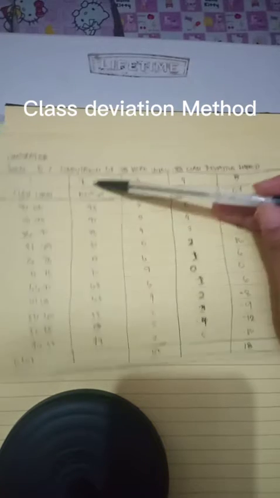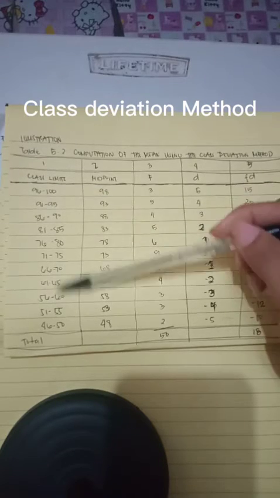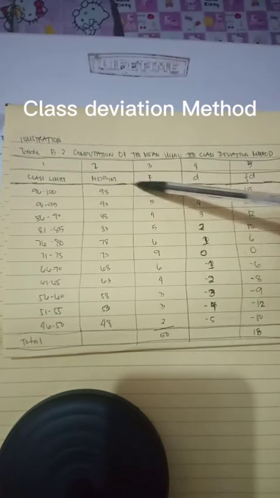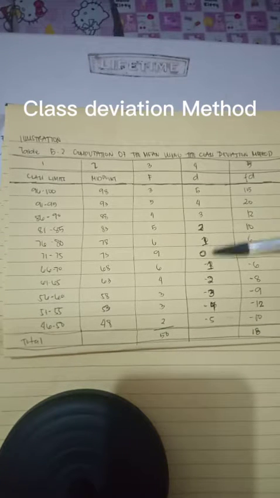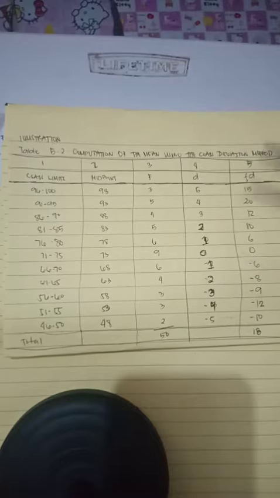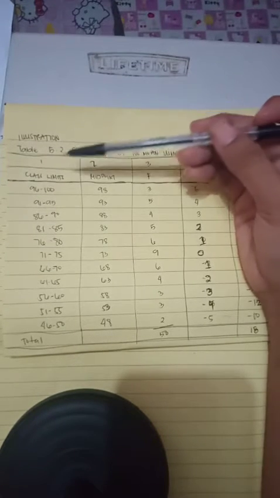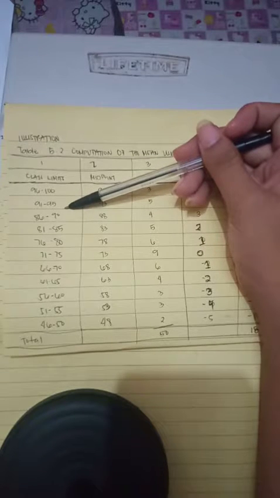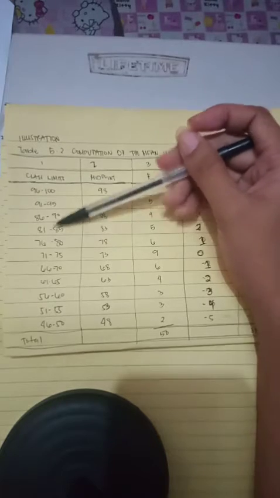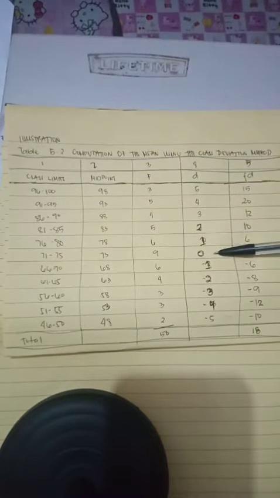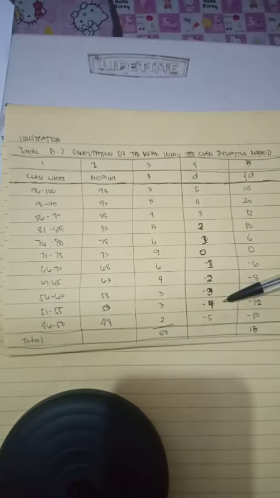If class limits are arranged from lowest to highest, above 0 deviation is negative and below is positive. But since the class limits here are arranged from highest to lowest, that means that above the origin, the 0 deviation is positive and below is negative.